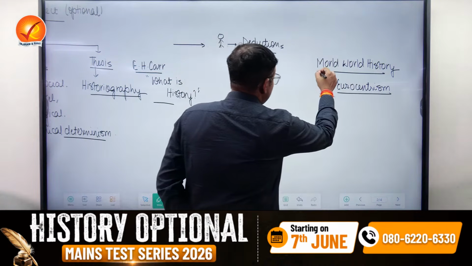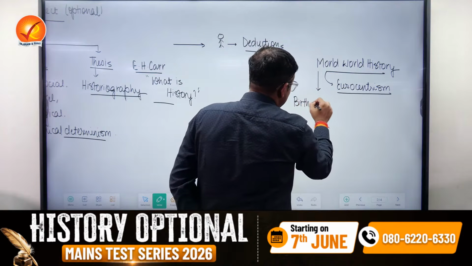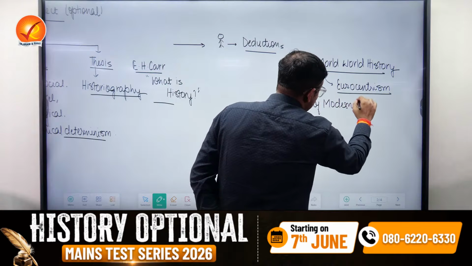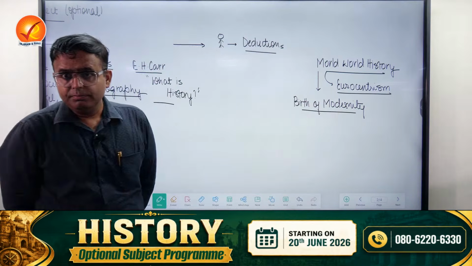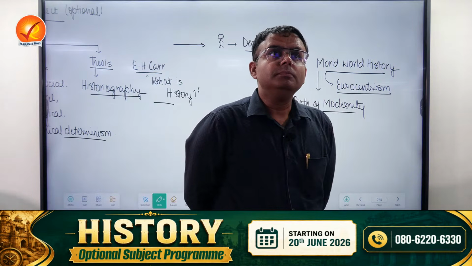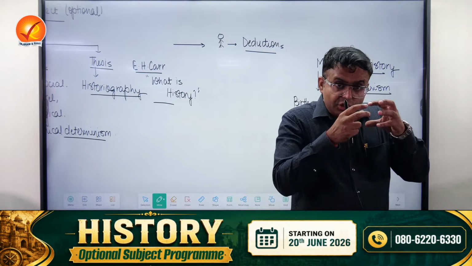Then when we study modern world history, we start with the birth of modernity. Again, as I said, there will be obviously a lot of events, but the concept is very, very important. Birth of modernity. Birth of modernity means how transition began in Europe.